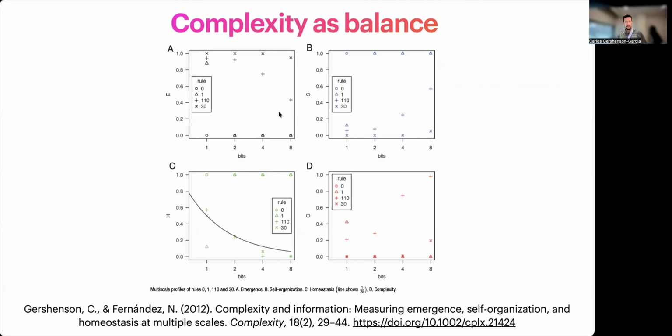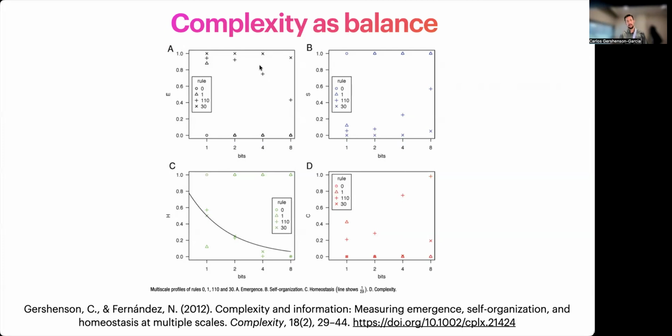In this case where we have cellular automata, for example rule 30, which is chaotic, it has high entropy, information, emergence at all the scales. Rule 110 at low scales is almost as high as a random, let's say, class 3 cellular automaton, which would be chaotic.